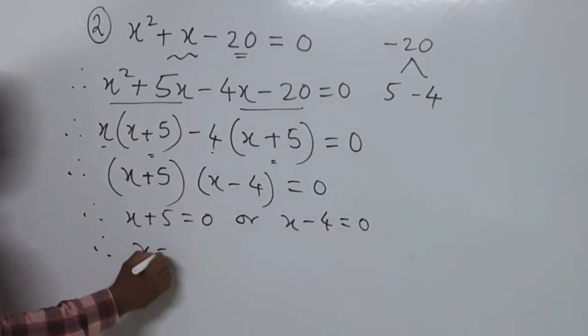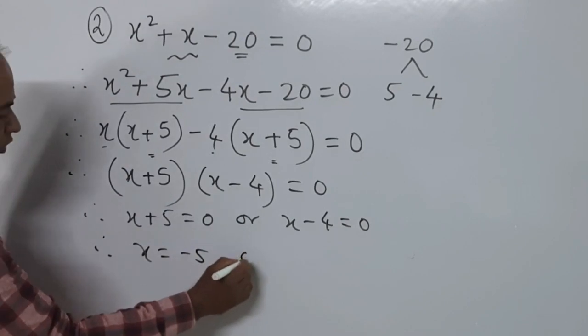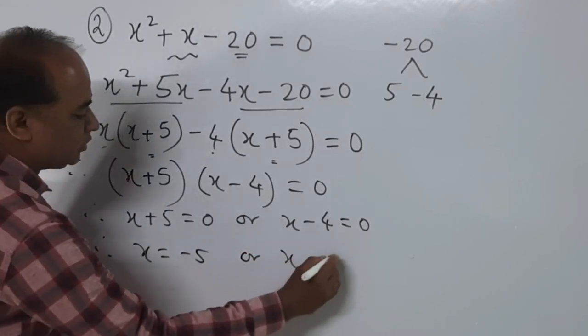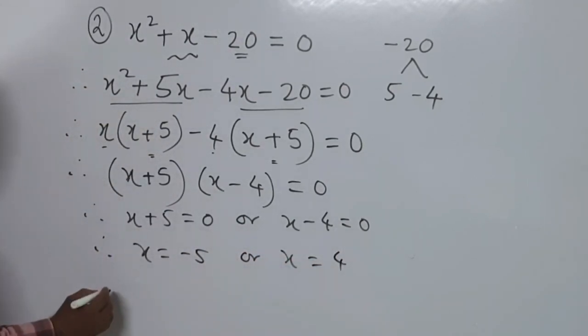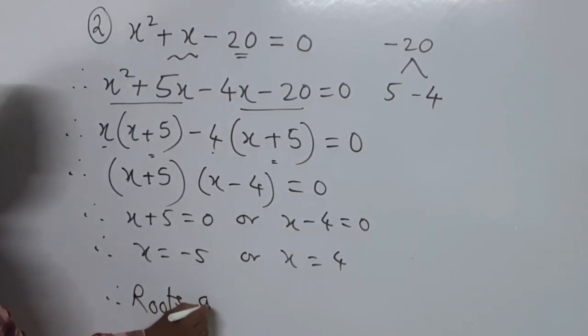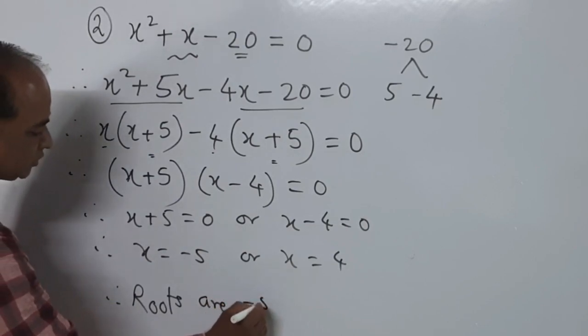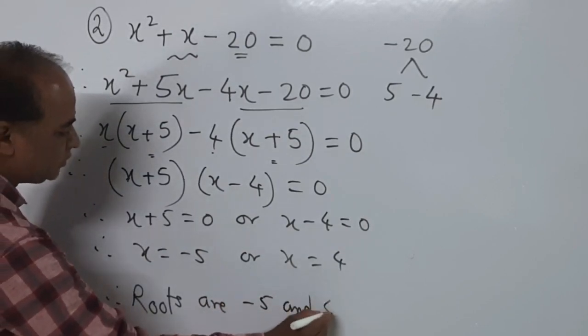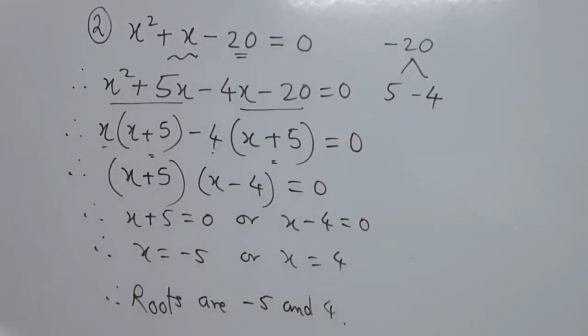Therefore, x is equal to minus 5 or x is equal to 4. Therefore, the roots of the given quadratic equation are minus 5 and 4.